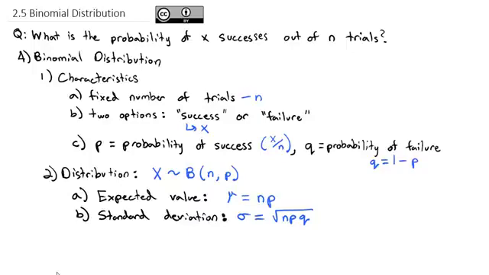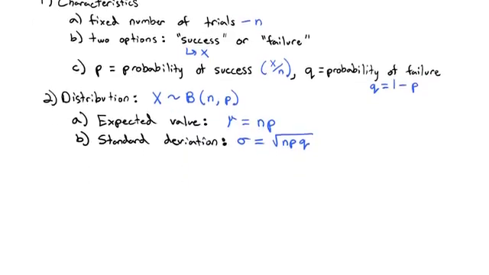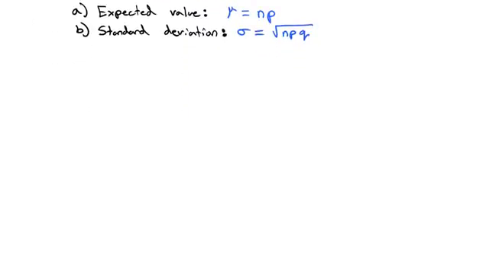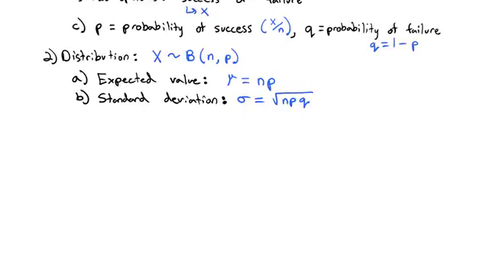It just gives us the same answer, so we might as well use this nice little shortcut. And actually, before we move on, let's go ahead and highlight these 3 pieces, because these 3 pieces are foundational to doing our binomial distribution.